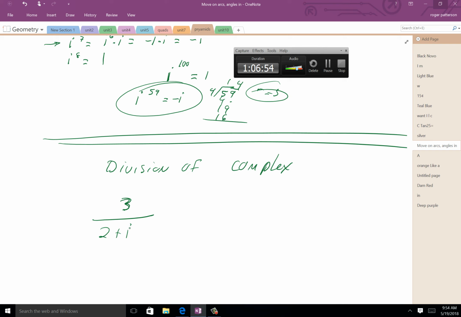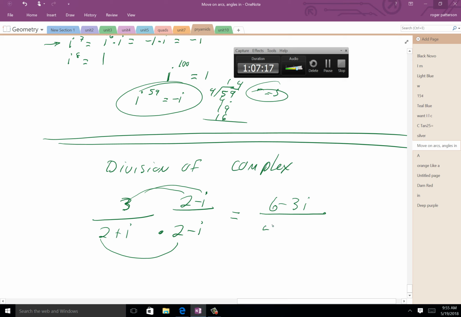Can't have radicals in the bottom, so we've got to get rid of them. What we're going to do is multiply by 2 minus i over 2 minus i. And you say, why are we doing that? Well, first of all, on the top we get this, which is no big deal. But on the bottom, when we FOIL this, look what happens to those middle things. What happens to them?